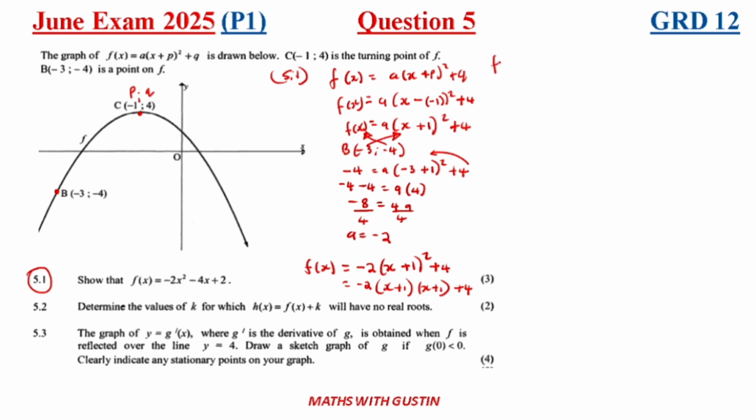So I'm just gonna, for the sake of time, quickly simplify this. -2, we're going to have x squared plus 2x plus 1, all plus 4, then multiply by -2 throughout: -4x -2 plus 4. So therefore what you're left with is -2x squared minus 4x, and then here you're gonna have plus 2, which is f of x. Then it checks out together with this one. They are therefore the same, right?